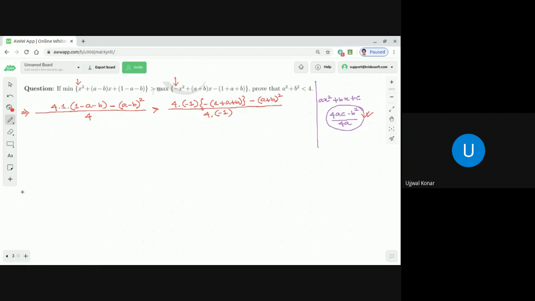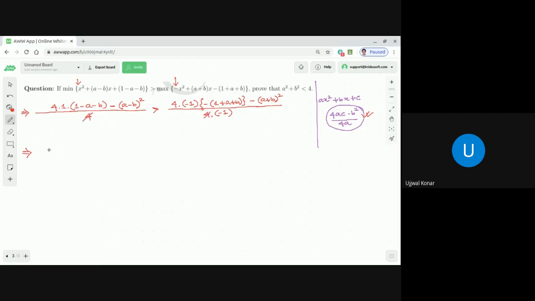So from here, if we derive it, one thing we are going to get is that it is already given, it is a greater than. So let us start deriving it. This 4 and 4 got cancelled because both are positive quantities.